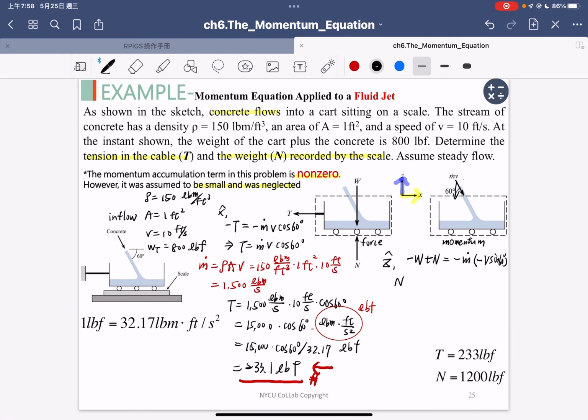So the normal force N equals the mass rate times V sine 60 degrees plus the weight.